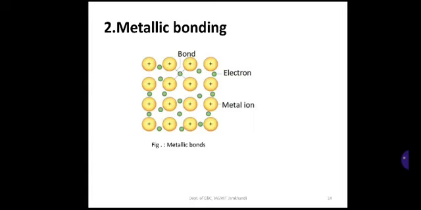Example, Na, that is again sodium. Sodium has only 1 electron in the outer orbit, as we have seen in the previous figure. So this is an example of metallic bonding. This electron is loosely bound.